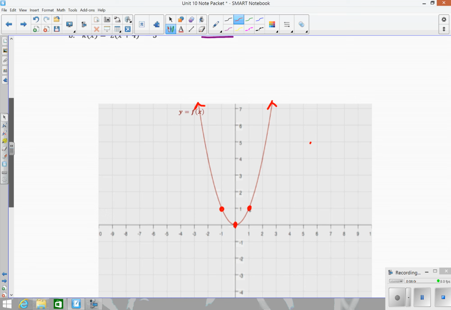Then to get to the next set of points, it's over 1, up 1, left 1, up 1. But when you go over 2 from the vertex, you're always going to go up 4 units no matter where it's located, because when you square 2, you get 4. So same here, I go left 2, I'm going up 4.